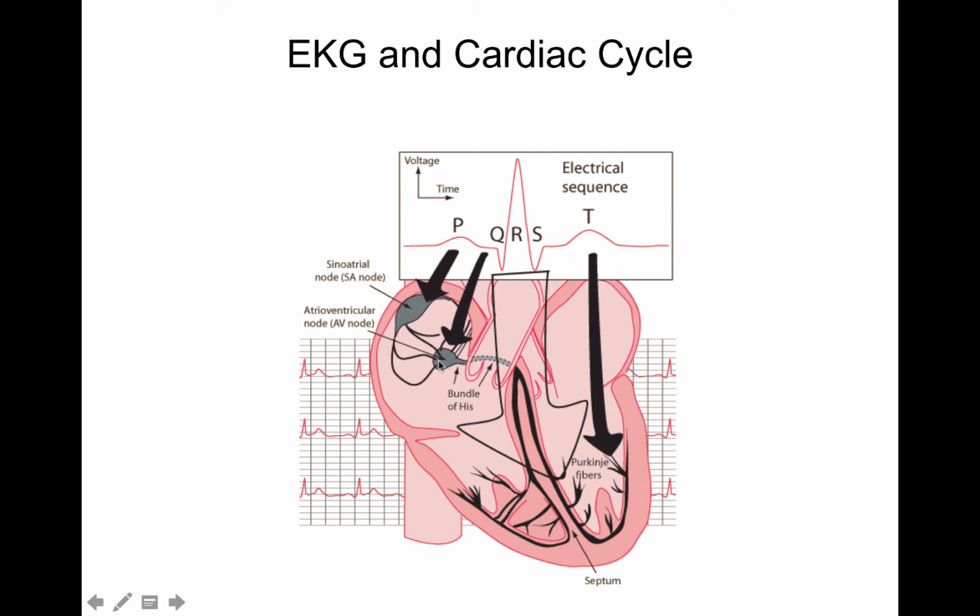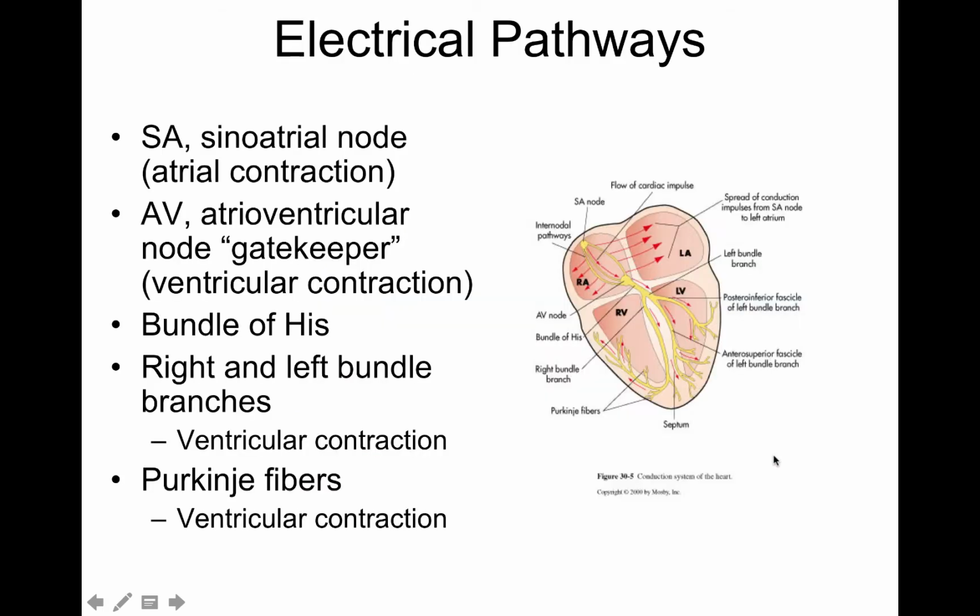The next site that we have is the AV node, and then after that the Purkinje fibers. As the electrical impulse travels from here to here down to here, you see positive deflections on the EKG tracings. They just indicate the closure of the action potential within there.